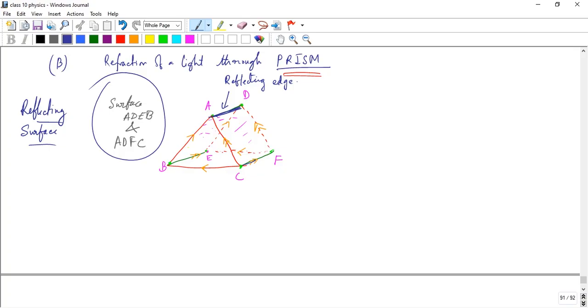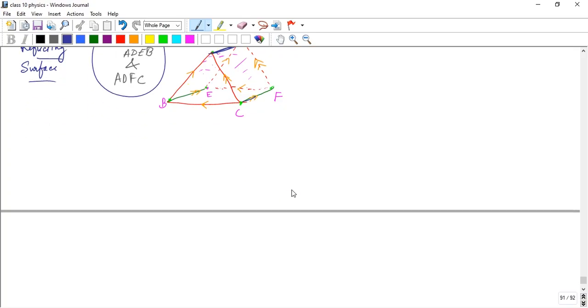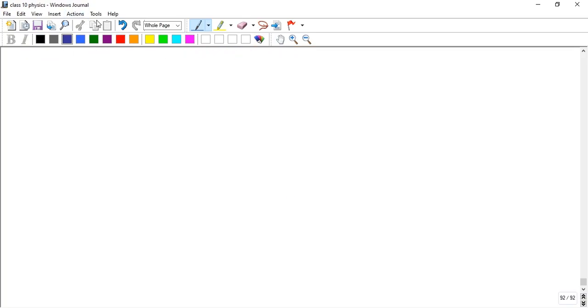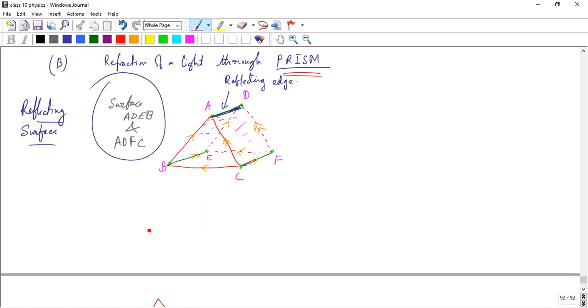Now, first we discuss the refraction of light through a glass prism. Okay, so the diagram first. Suppose that is a front face, the ABC face here.